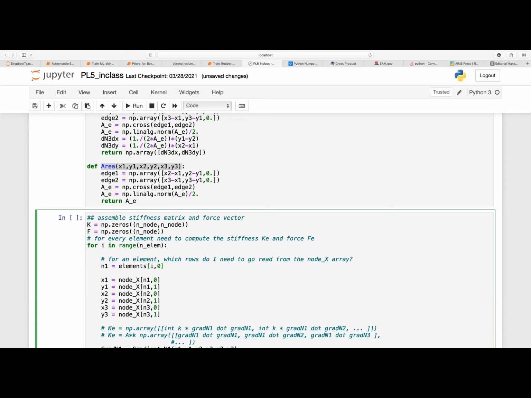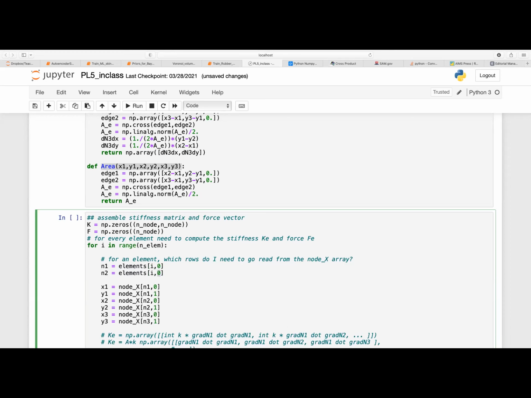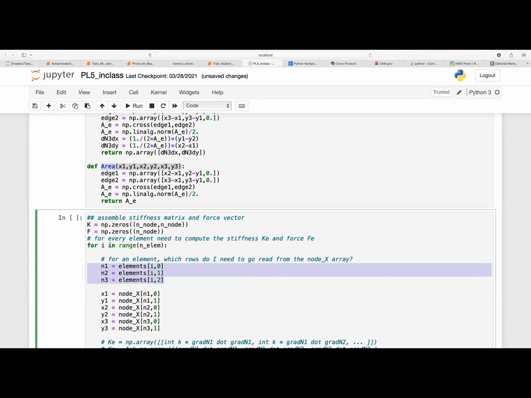That element array has the node numbers that make up this element. This is the same as in 1D. It's just that for your code of homework 3, you probably only had 2 because every element only had 2 nodes. For this one, every element has 3 nodes. So you just go and read the 3 nodes that make up the element. But it's the same idea as in 1D.